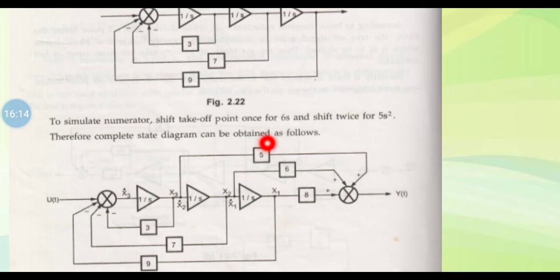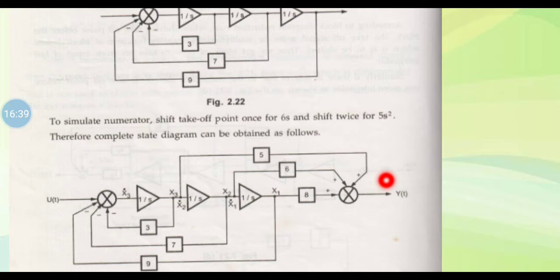Shift take off point once for 6s and shift twice for 5s square. So 5s square, 6s, then you will get plus 8. All these terms added give 5s square plus 6s plus 8. Then the denominator is there, so that all is given and y of t will be of this form.